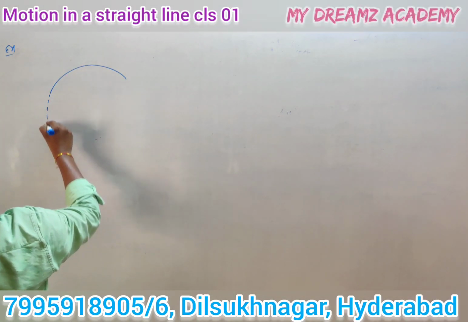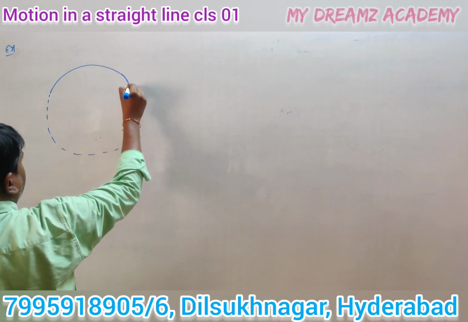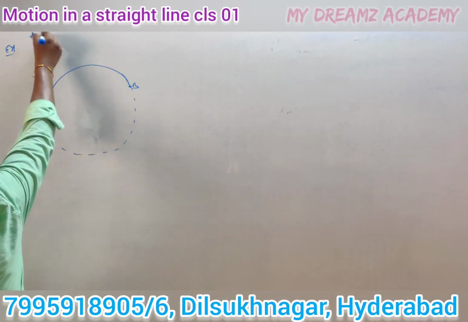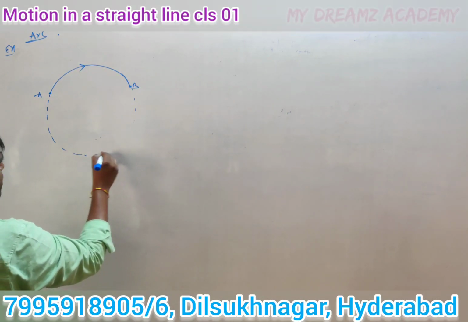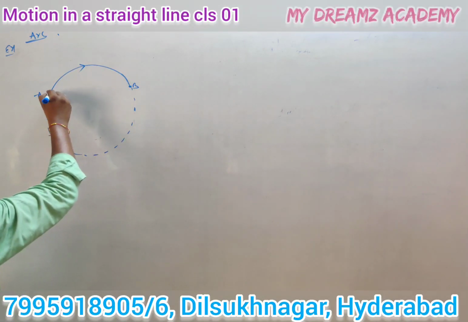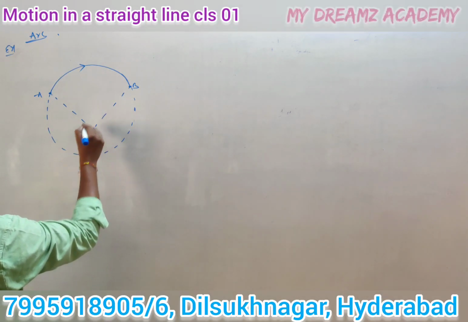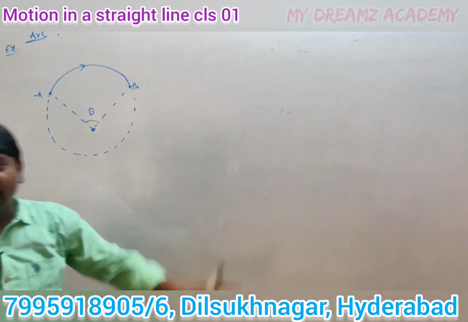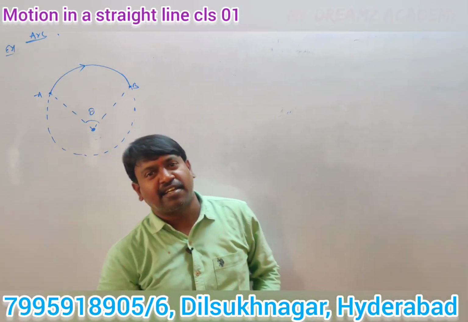This is one complete circle, but the body is moving from A to B, so it traces some arc of radius capital R. This makes an angle theta at the center of the circle.